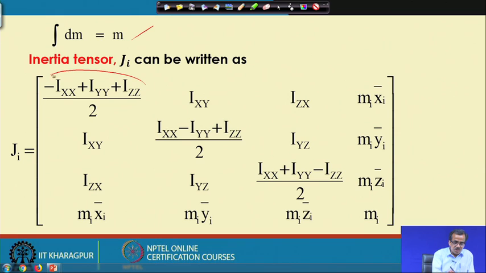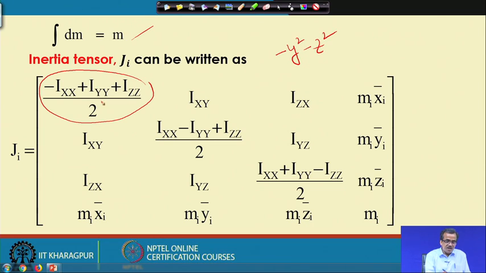While determining I x x, if you remember, we considered y square plus z square, and there is a minus, so I can write down minus y square minus z square. While determining I y y, I consider x square plus z square. While determining I z z, I consider x square plus y square.